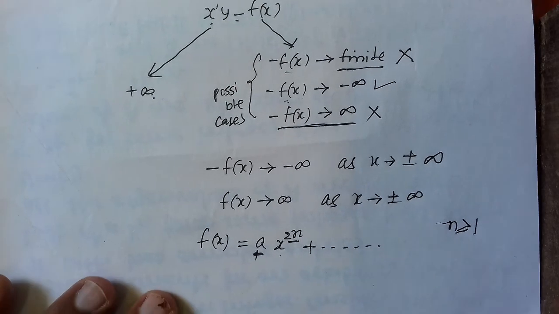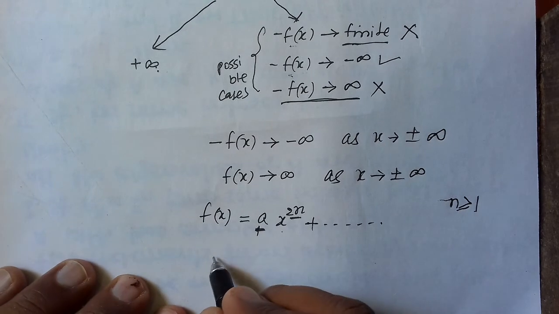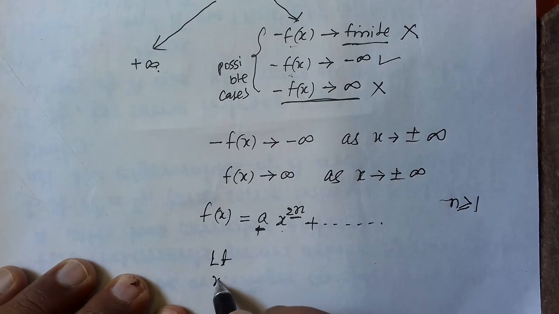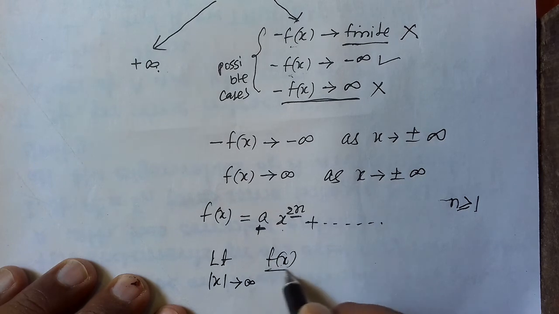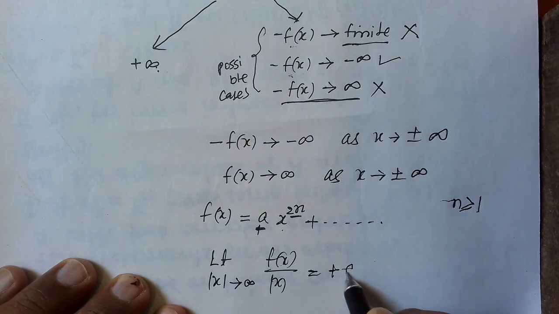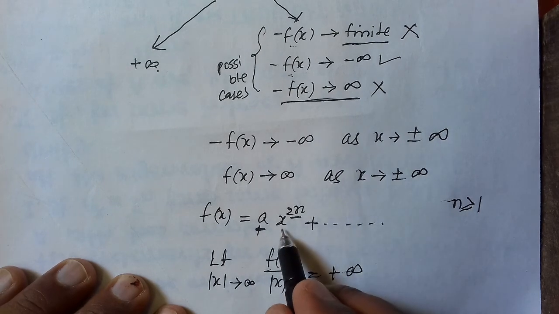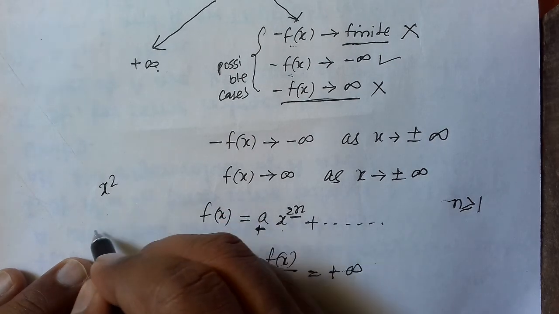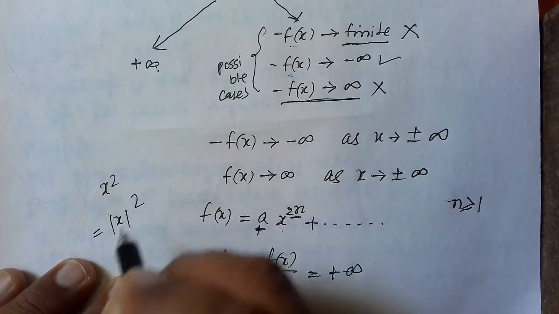Now if you find this limit, limit x tends to infinity of f(x) by mod x, then obviously this will be plus infinity, because you can take x square out as a common factor, and x square can be written as mod x square.